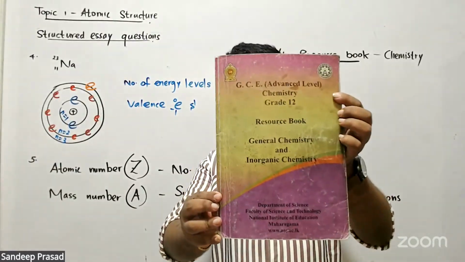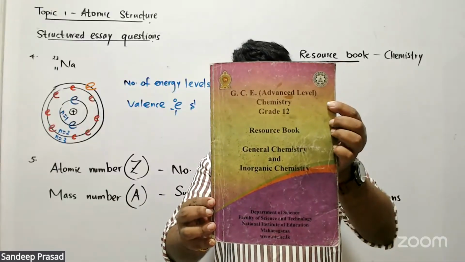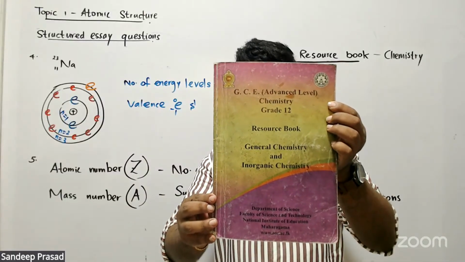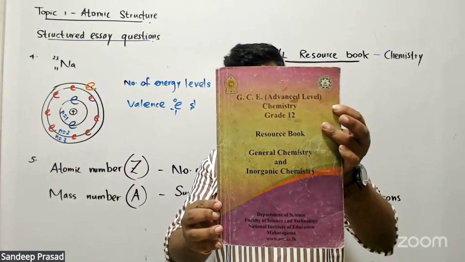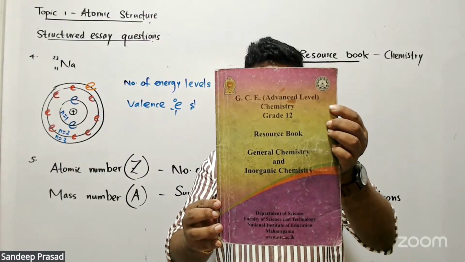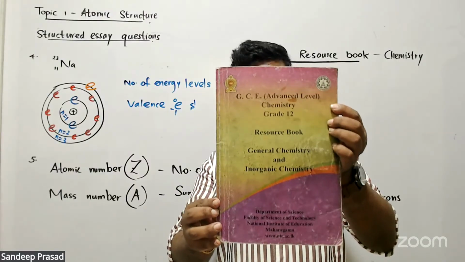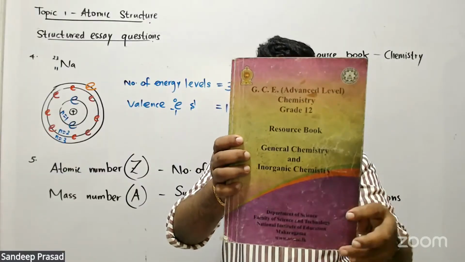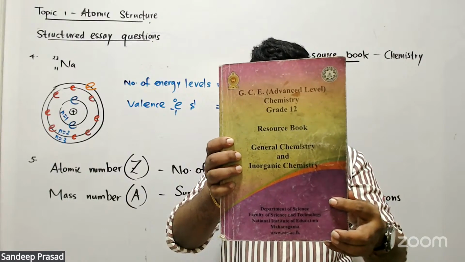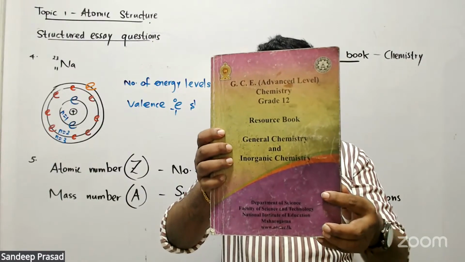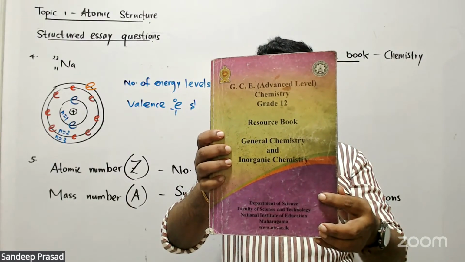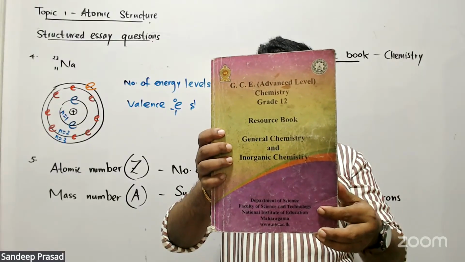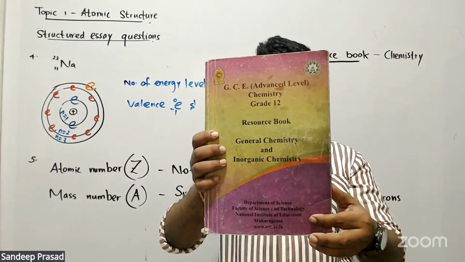Can you see the book? GCE Advanced Level Chemistry, Grade 12, Resource Book, General Chemistry and Inorganic Chemistry. This is the first book that you have to buy. So, who issued this book? Department of Science, Faculty of Science and Technology, National Institute of Education, Maharagama.